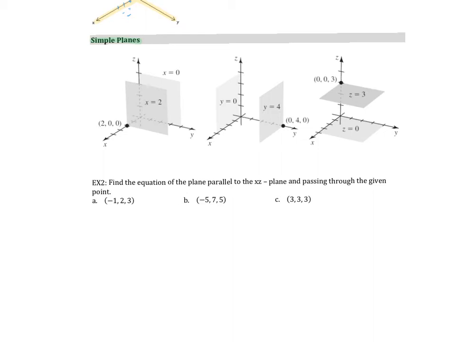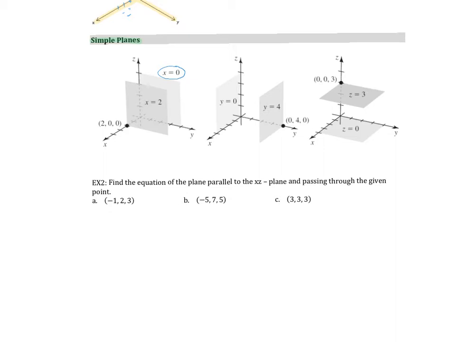If we look at this first diagram, you see we have the equation x = 0. That means that y and z can be anything as long as x is equal to 0. Now if this was two-dimensional space, x = 0 would be a vertical line, but it's three-dimensional space, so it's a vertical plane.